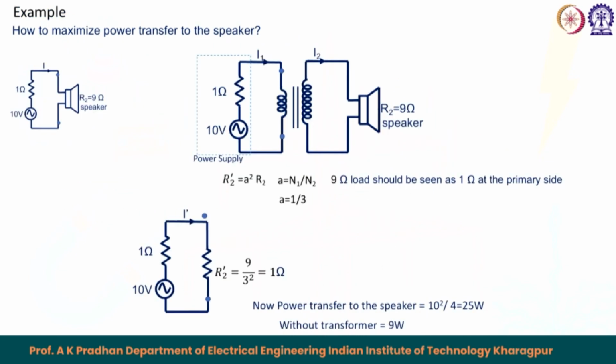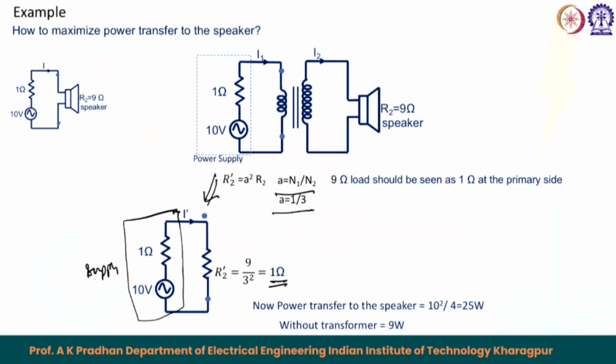So, if you see here, this A equals 1 by 3, and then the corresponding equivalent diagram from the primary side, the supply side, becomes 1 ohm.